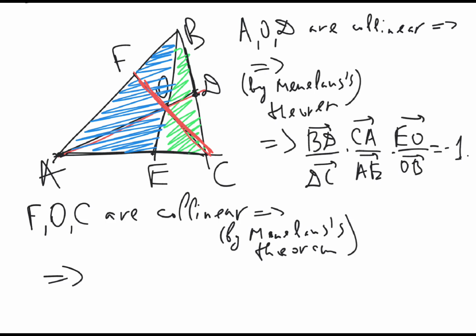So let's start from the vertex E, so EO over OB multiplied by, let's go clockwise.